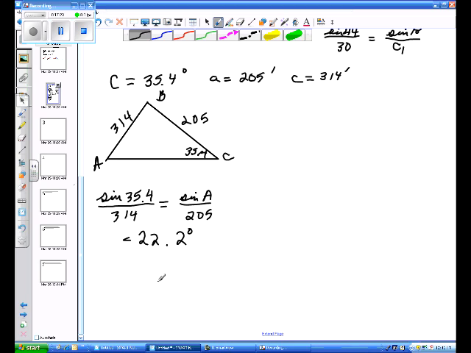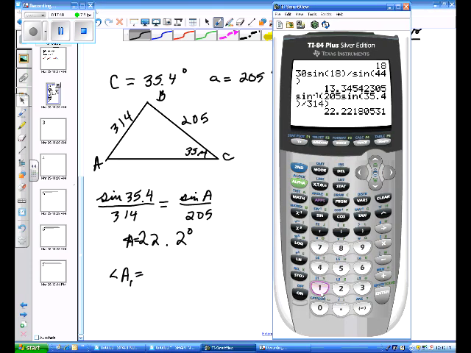If it's in quadrant 1, but it could be in quadrant 2. This is angle A. So if it's in quadrant 2, then it would be 180 minus 22.2, because 22.2 would be my reference angle. So it could be 157.8.